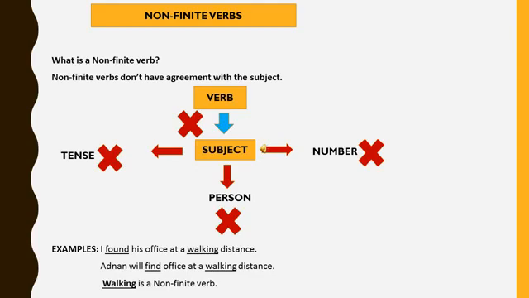And the second sentence: Adnan will find the office at a walking distance. Here walking is a non-finite verb. As you can see, in the first sentence the main verb is found and in the second sentence it is find. Found and find are finite verbs, but walking is non-finite because it does not perform any action in this sentence.